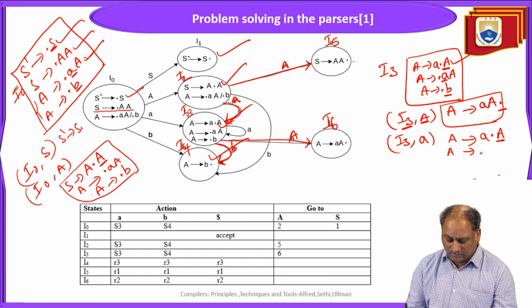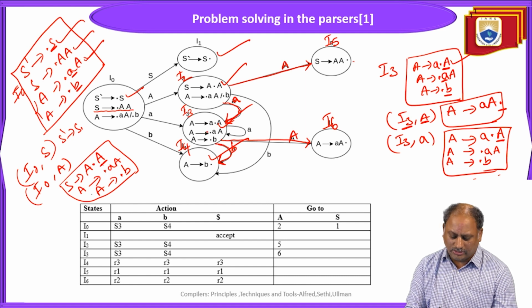A derives dot small a capital A, and A derives dot B. These three are available in the same state I3, and we also got A, so it is considered a self loop.